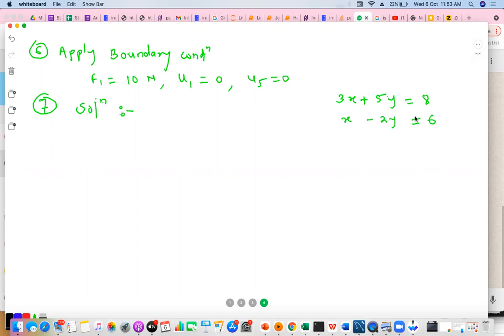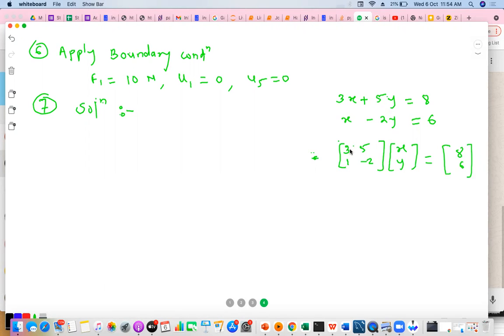I can write these equations in matrix form like this: 3 and 5 here, 1 and minus 2 here, so this is the coefficient matrix. This is my variables x and y, equal to 8 and 6. I can write it this way, if you remember.